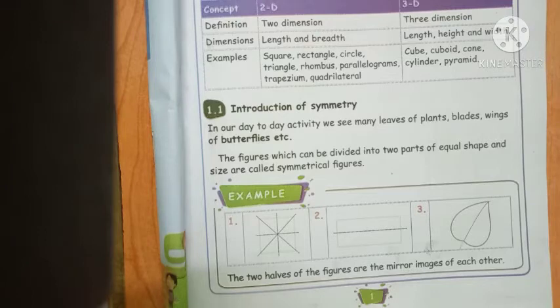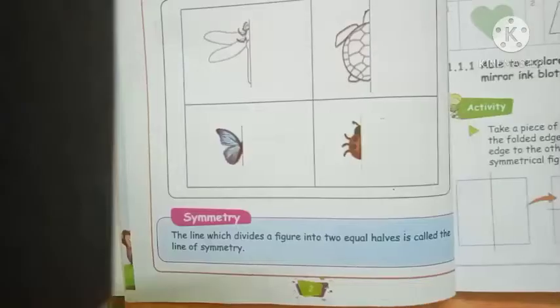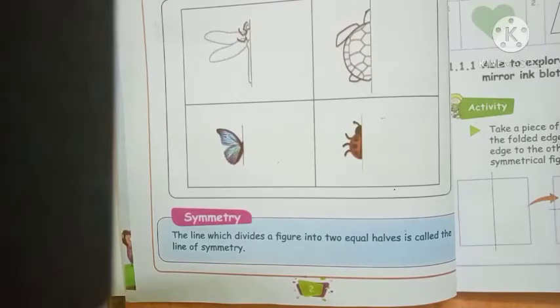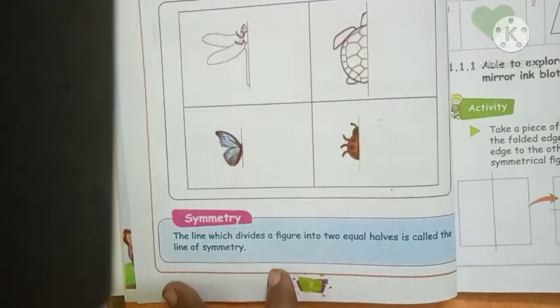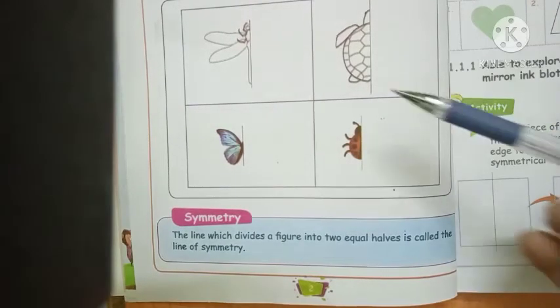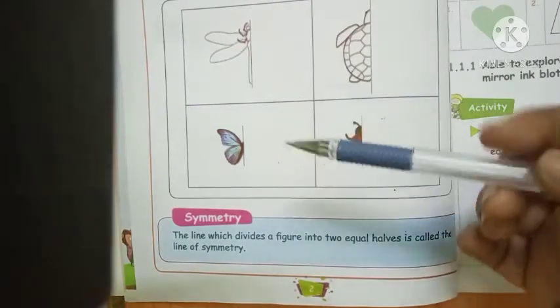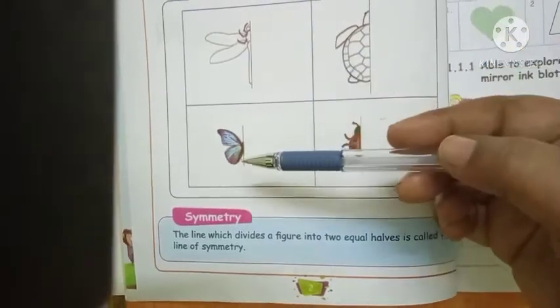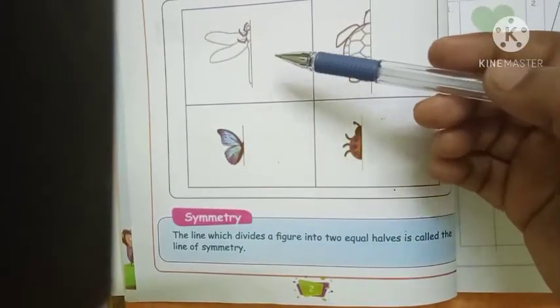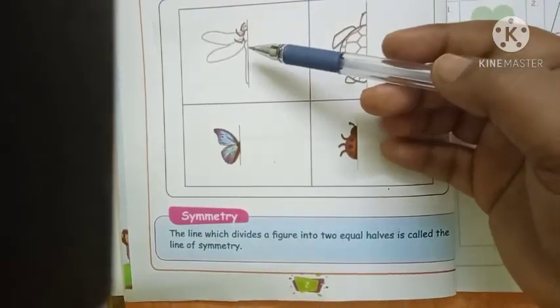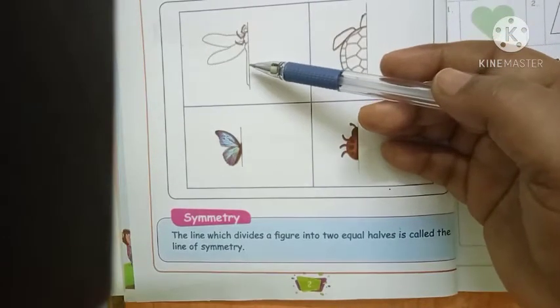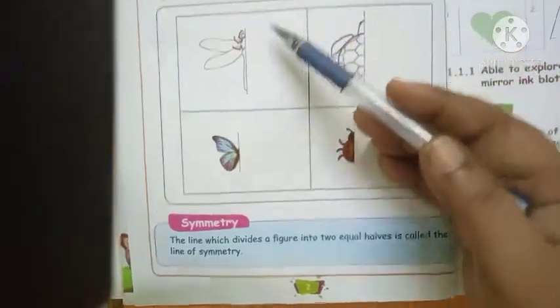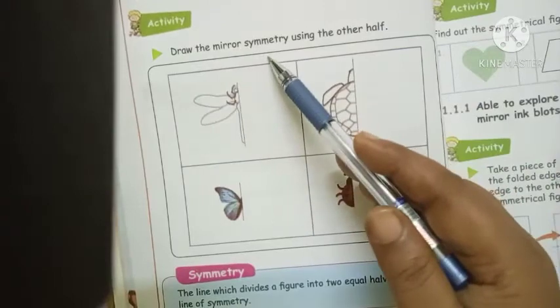Symmetry is more or less the same. So for this dragonfly and butterfly, half the part is given here. Then you imagine the other half and draw to complete it. That is called mirror symmetry.